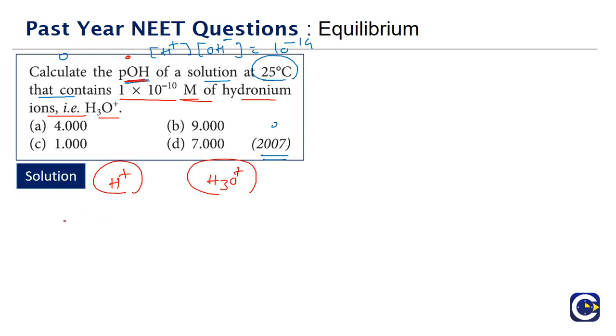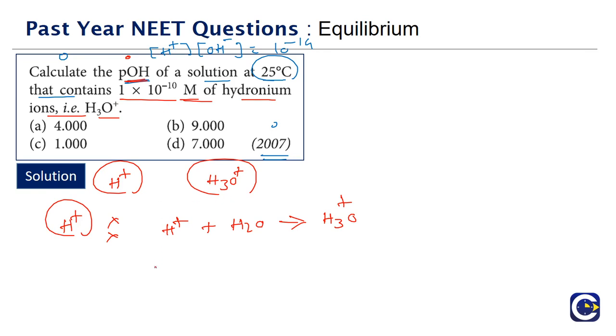Contrary to what we usually think, the H plus ions will not really exist in water. Because H plus is a very unstable particle, it will readily combine with an adjacent water molecule to form hydronium ions. So when we say H plus ion concentration, we are actually talking about the hydronium ion concentration, because H plus being a proton cannot have independent existence.